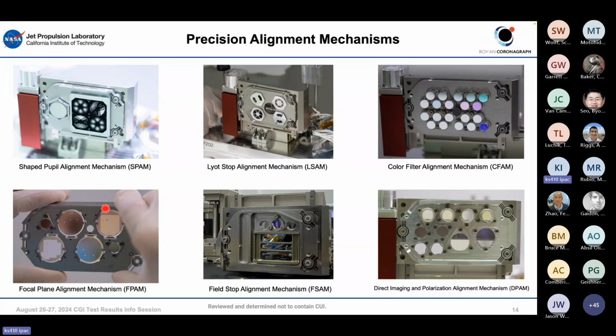And the focal plane alignment mechanism. There's just the plates shown here with the substrates bonded on. There are ND filters, as well as the four different substrates. If you look closely, you can see all the variety of masks that are etched or created on there, as AJ had just discussed.